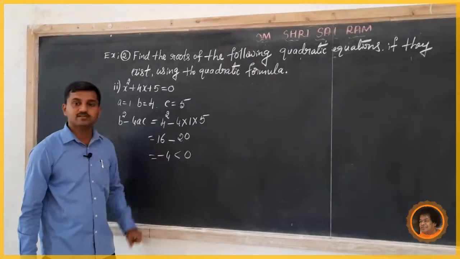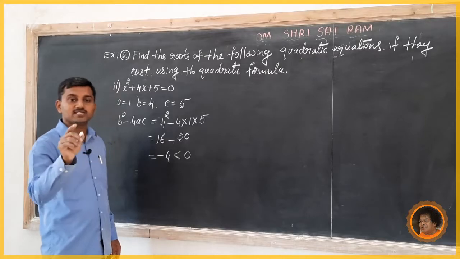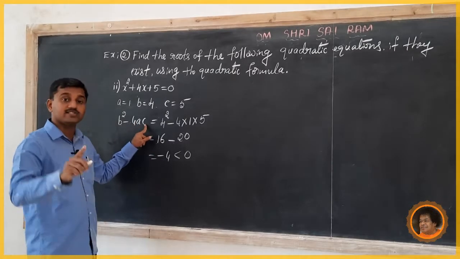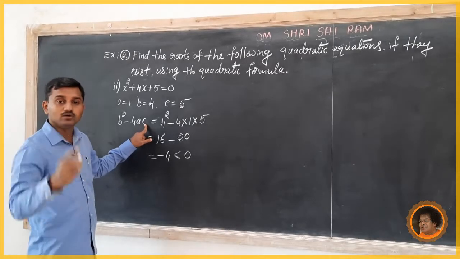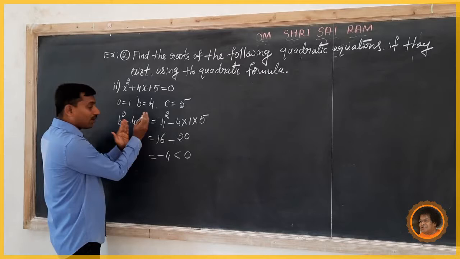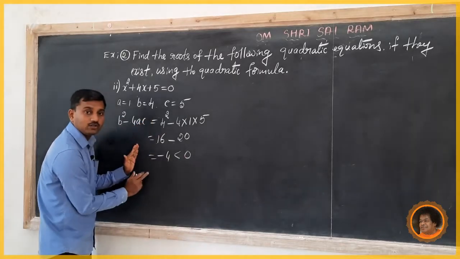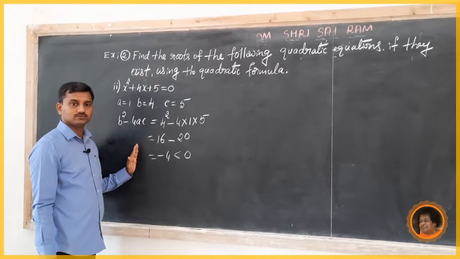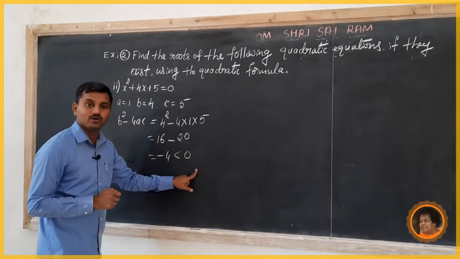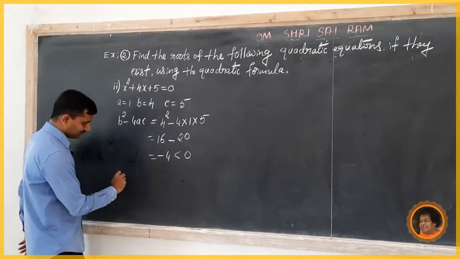Minus 4 is less than 0. What is the condition? Suppose the value of b square minus 4ac equal to 0, two equal real roots. Suppose b square minus 4ac is greater than 0, two distinct real roots. What about the third one? b square minus 4ac is less than 0, no real roots.